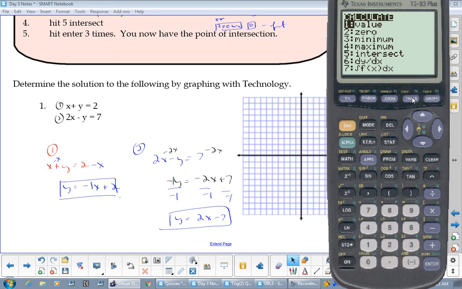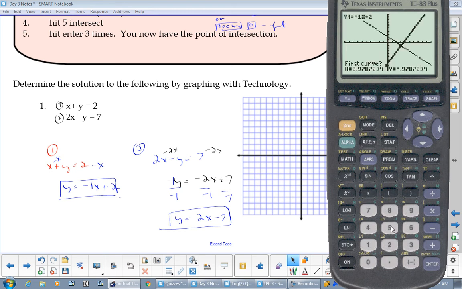It's like it's talking to you, it's taunting you. Okay, so if you go like this, first curve or first equation, yes. Second, yes. And then it's like, do you want me to do this one for you? Are you that lazy? Yes. And then it does it. No, it doesn't want you to guess.